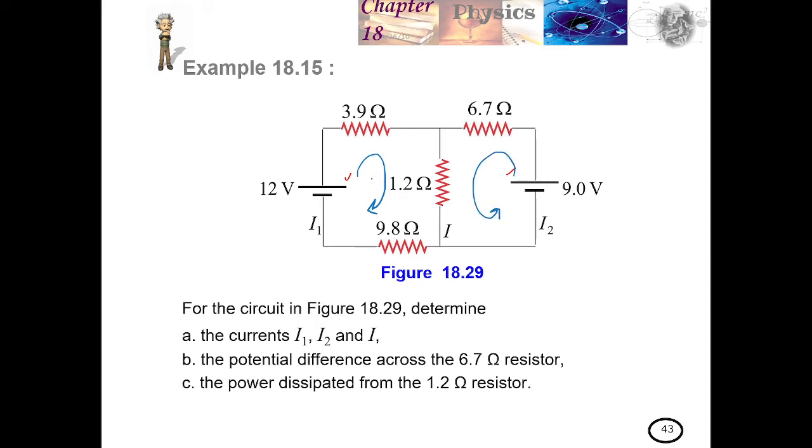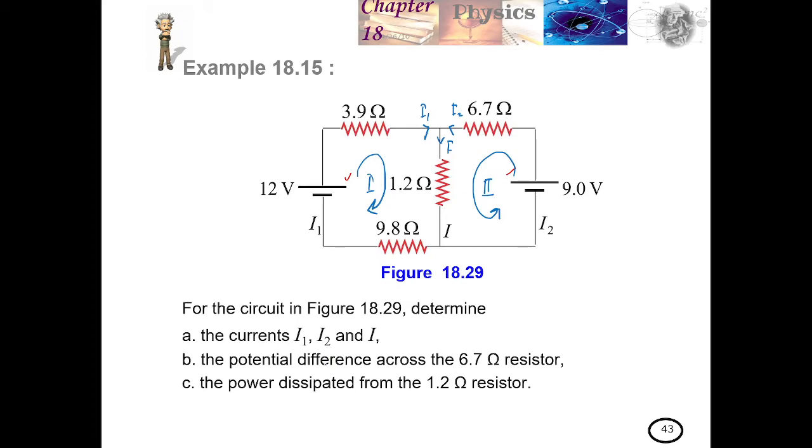So this is loop number 1, this is loop number 2. This is I1, this is I2, and this is I.